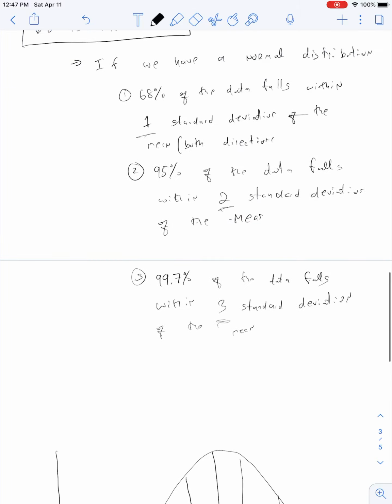It says that 68% is one standard deviation from the mean in both directions.